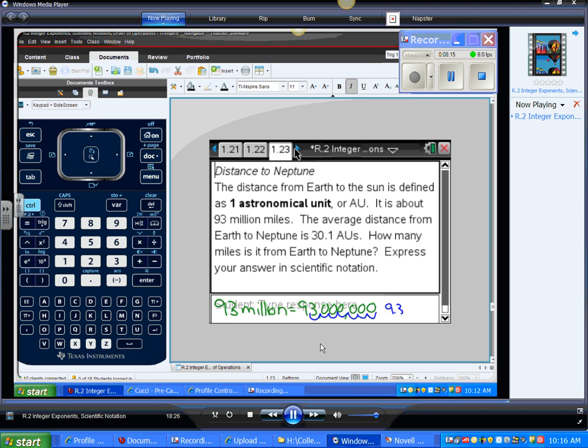So we have 9.3 times 10 to the 7th power. Now we're going to change that 30.1 astronomical units, and we're going to wind up with a nice, quick, easy 3.01. I should say 3.01 times 10 to the 1st power.